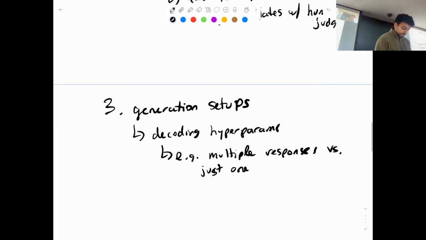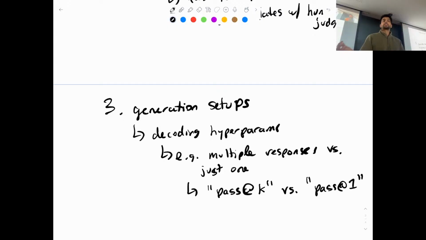You might see these terms like pass at k versus pass at 1, which refer to if you have a coding task and your evaluation is whether it passes a unit test or not.